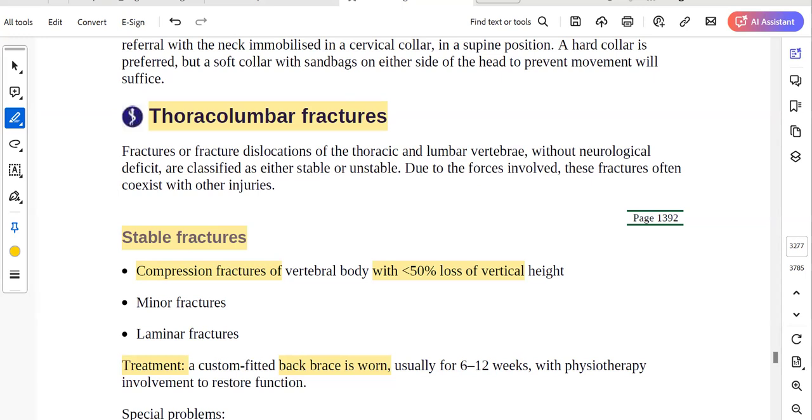At that time, you need to do the reduction first. Otherwise, in every other fracture case, we go for painkiller first. Okay? So analgesics is the main management, or you can say the initial management, for any kind of fracture.